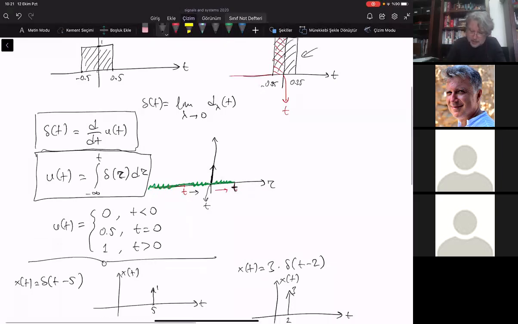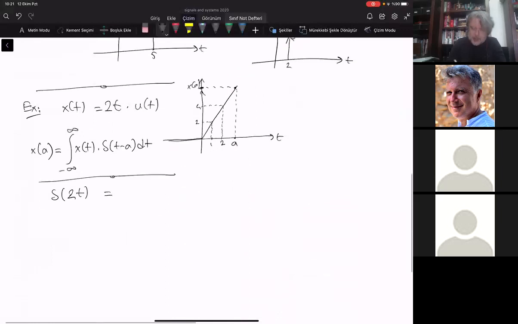The area under the impulse changes. And delta of 2t becomes 1 over 2 delta of t. It's a pity, isn't it? You are trying to scale in time, but that converts to a change in the magnitude. But this is what happens.